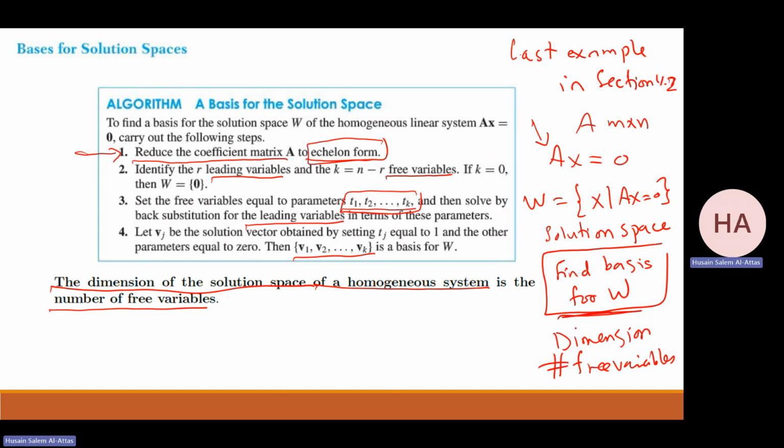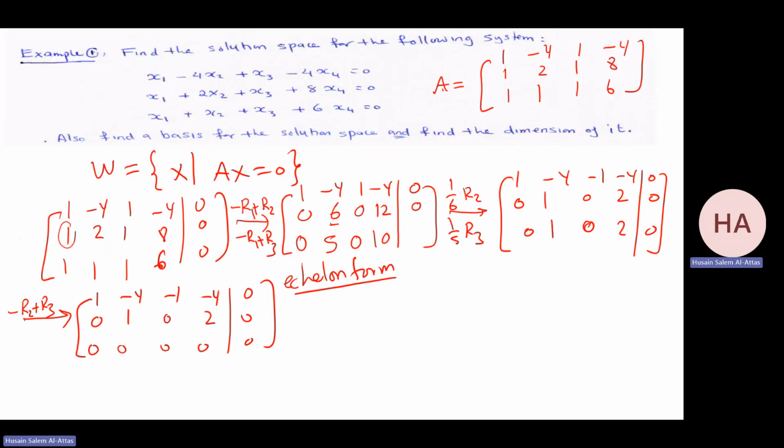What he said, this is my first step: to identify the leading variables and the free variables. What are the leading variables? I need this and this. By the way, this is for x1, this is for x2, this is for x3, this is for x4. So leading variables will be x1, x2.